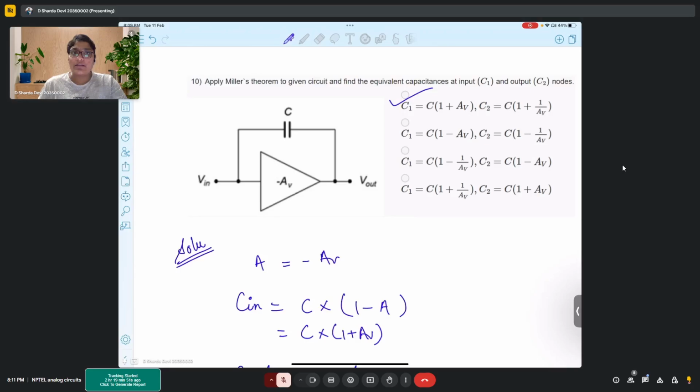I have not seen the problems for week 3, so I cannot comment on that. But basically, low frequency response means you have to observe lower frequencies. Ma'am, most probably omega P3, is it closer to the y-axis? Is that the pole?